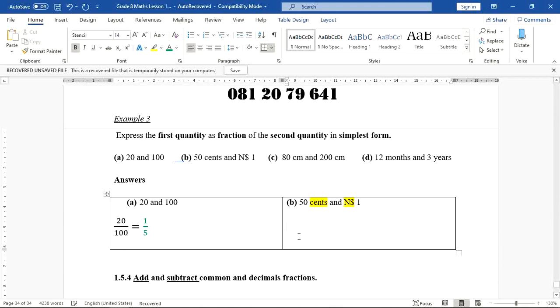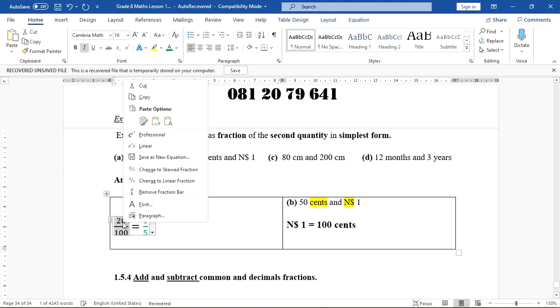So let me just write that down. If I have $1, I should be able to get 100 cents. I hope you agree with me on that. So if I have $1, I have 100 cents. So instead of having $1 here, we can just say 100 cents. So we can now say 50 divided by 100.